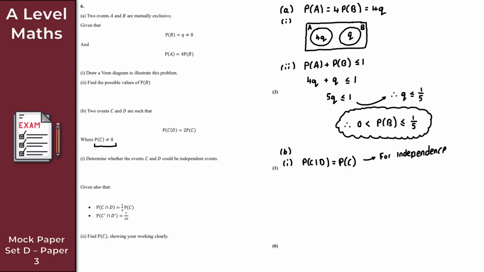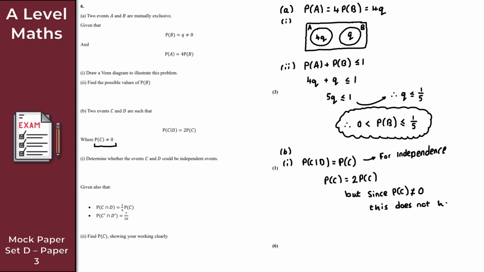So what I can do here then is set the probability of C equal to 2 lots of the probability of C, right? So I get the probability of C is equal to 2 lots of the probability of C. However, this equation here only holds if the probability of C is equal to 0, right? But since the probability of C cannot be equal to 0, this does not hold. Okay, so this does not hold.